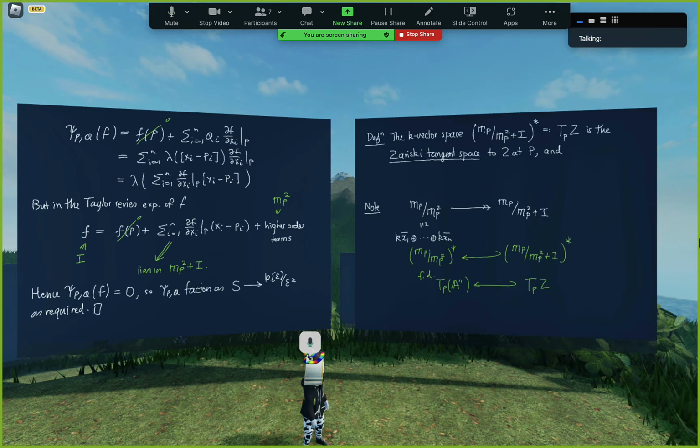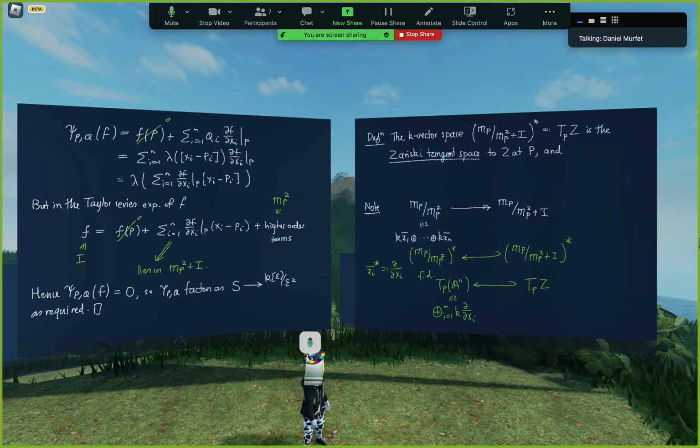So note that this is spanned by the duals of these guys, and we have been trained to write those as d/dxi, right? So this is spanned by the d/dxi, and therefore TPZ can be thought of as vectors sitting inside that space, which makes sense, they're tangent vectors.